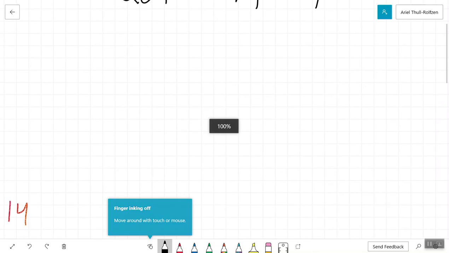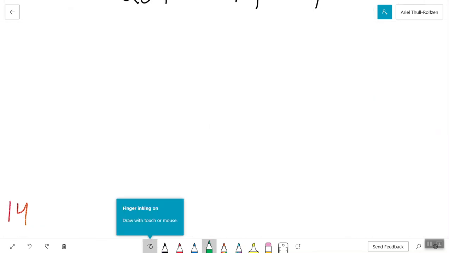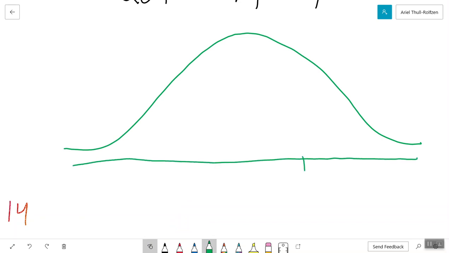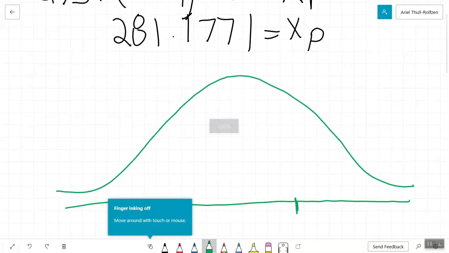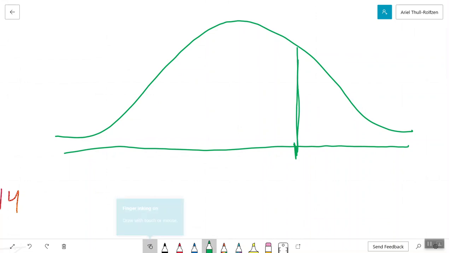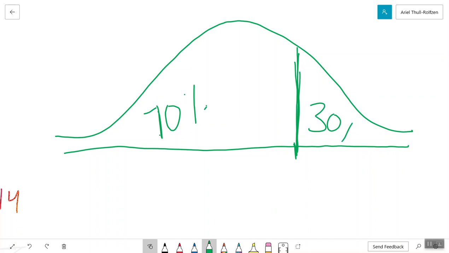Well, to determine what it means, we're going to come down here and I'm going to draw a normal distribution curve. I'm going to say, okay, if I draw a line right here, 70% of my data is going to be below the line and 30% is going to be above the line.